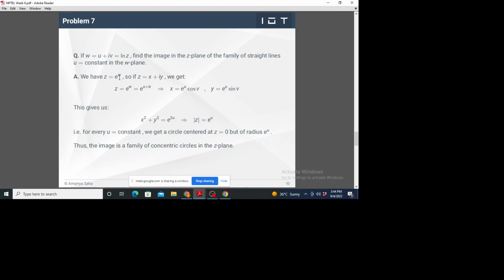So now Z is equal to e to the power W, and if Z is x plus iy, and W is u plus iv, the real and imaginary parts are given like this. So x is e to the power u cos v, y is e to the power u sin v. This looks quite familiar. So if you do x squared plus y squared, that will give you e to the power 2u, and that means mod z is equal to e to the power u.